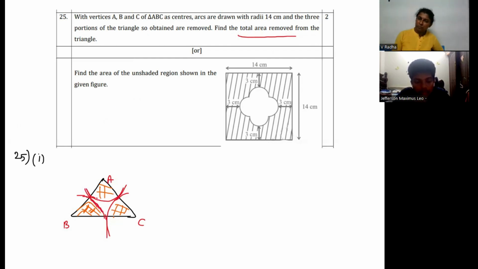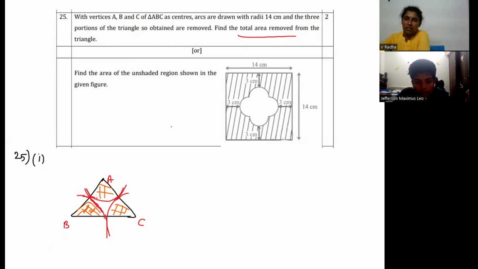It is just the summation of the areas of the three sectors. There is no need for a minus sign. We are just asked for the area of the arcs so obtained.